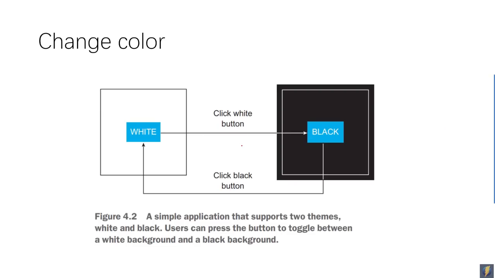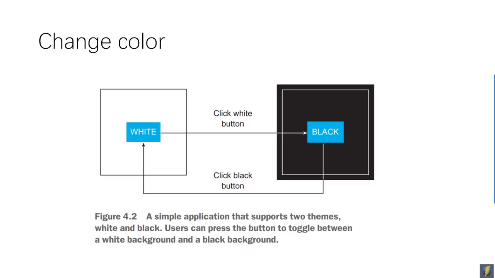Okay. The next one is dynamic CSS style. This application is easy. This application has a single button on the screen. That button is enclosed by a small box. When the button is pressed, the theme will toggle.